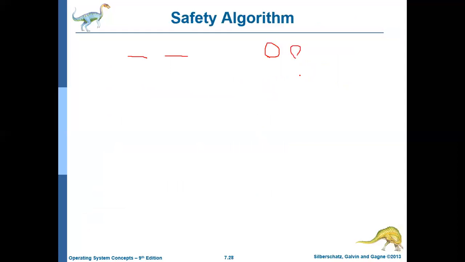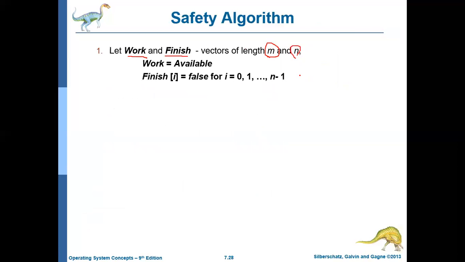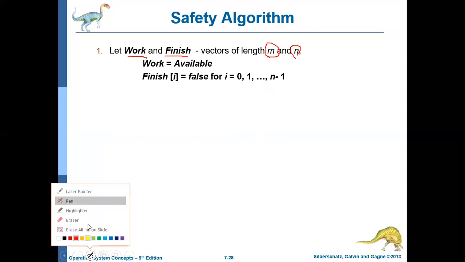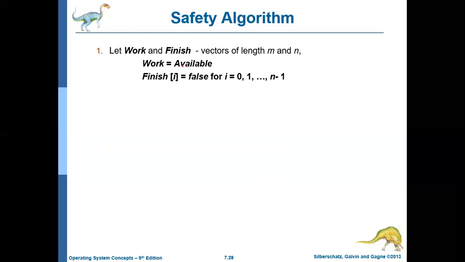So basically available is a vector which represents how many instances of each type of resource are currently available with the operating system. That's it. It is as simple as that. So we are just assigning the content of available to work. So now work also contains the same thing.